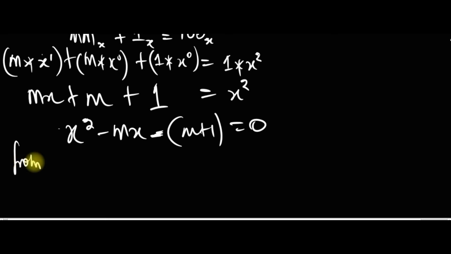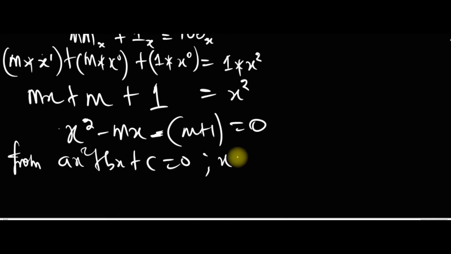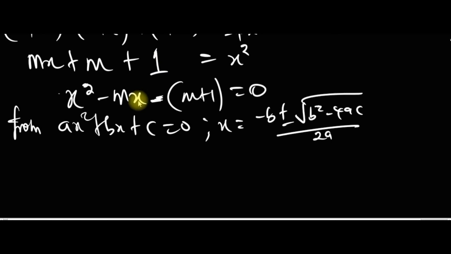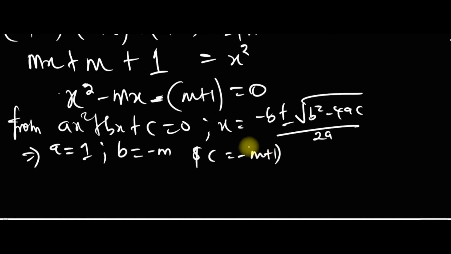From the quadratic equation ax squared plus bx plus c equal to 0, x is minus b plus or minus the square root of b squared minus 4ac, over 2a. As you can see, our a is 1, our b is minus m, and our c is minus m plus 1. So we now substitute, because we are looking for x.